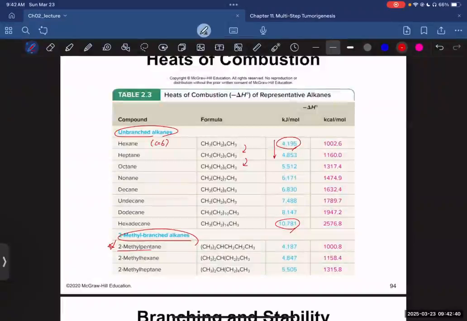Whereas if we look at 2-methylpentane, which also has 6 carbons, this is when we have one methyl group coming off of that pentane, and therefore this is an isomer of hexane. And you can indeed see that the heat of combustion, although minor, does seem to be smaller, which means it has less energy than its linear chain.